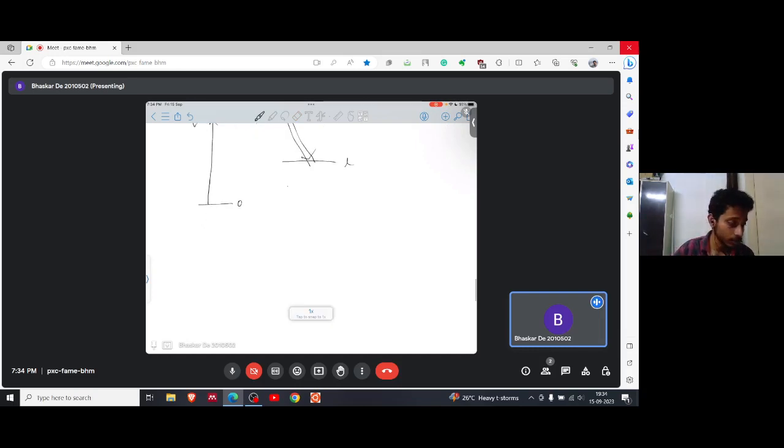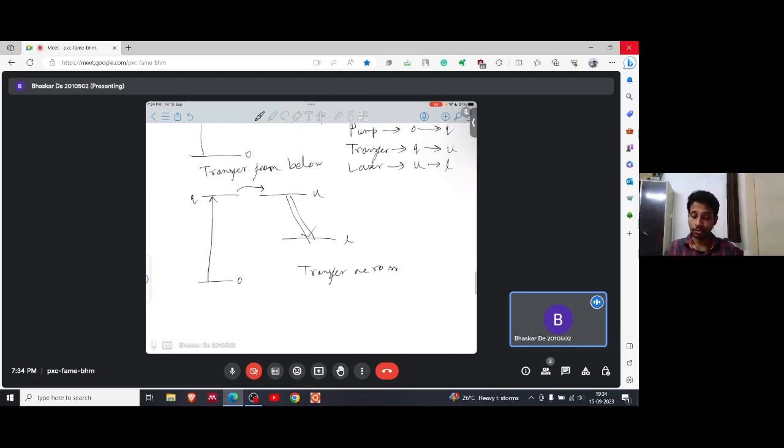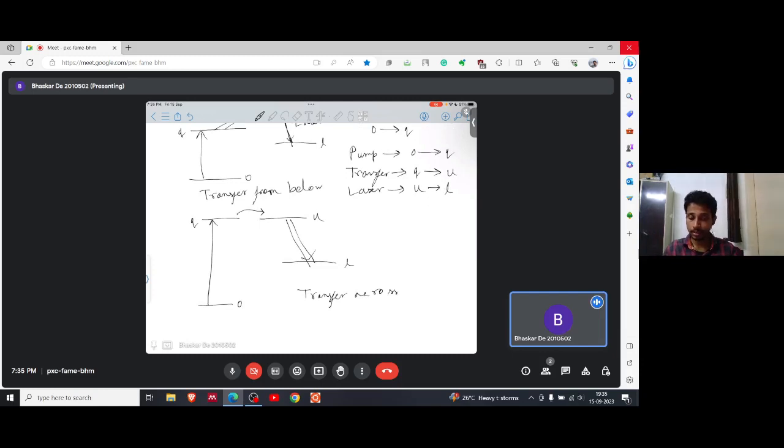This is known as transfer across. It is not transferring from a below level, it is just transferring the population from one level to another, and the two levels are residing at the same energy. So this is basically transferring the population from one system to another system.